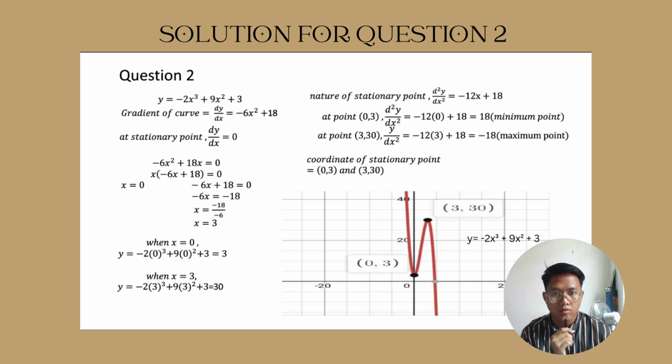Coordinates of stationary points are 0, 3 and 3, 30 and you can get the graph same as this. Okay.